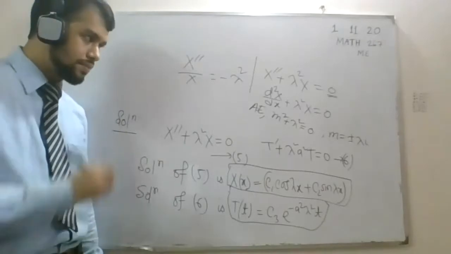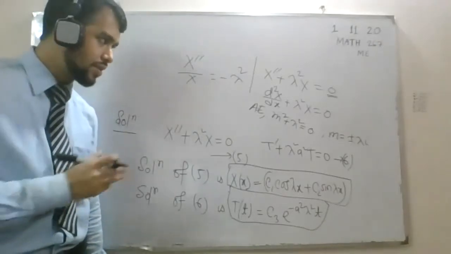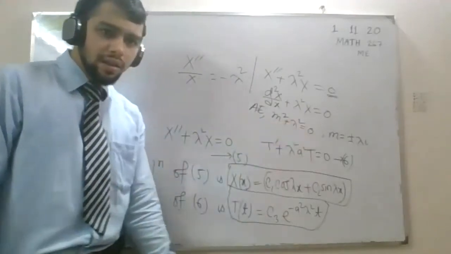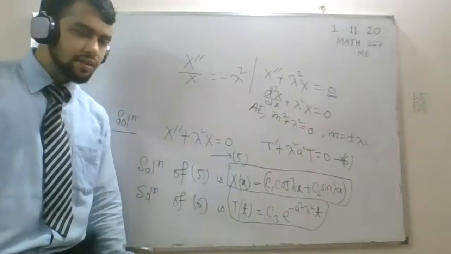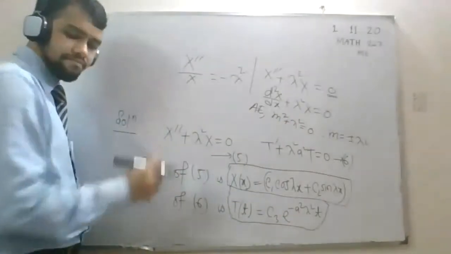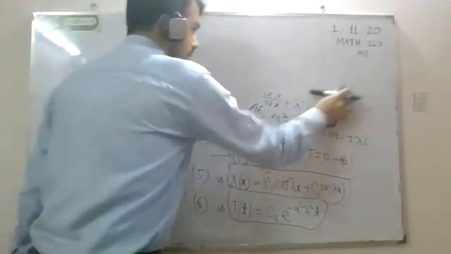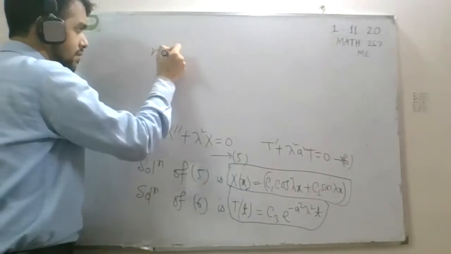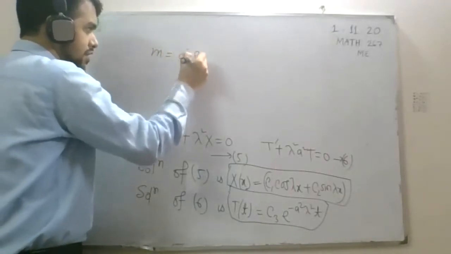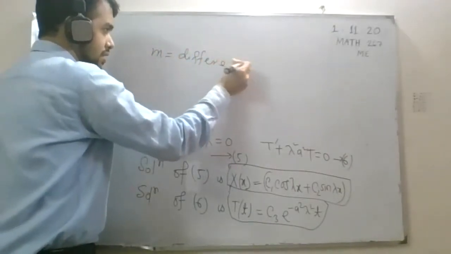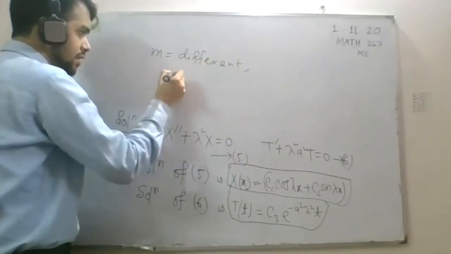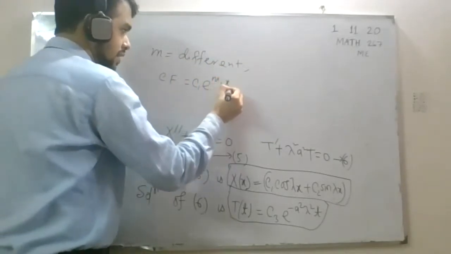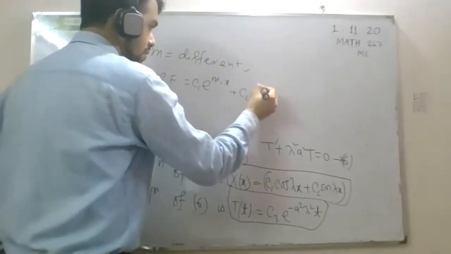Okay. If the roots are distinct, not different, distinct or different, then the complementary function will be C1 e to the power m1 x plus C2 e to the power m2 x.